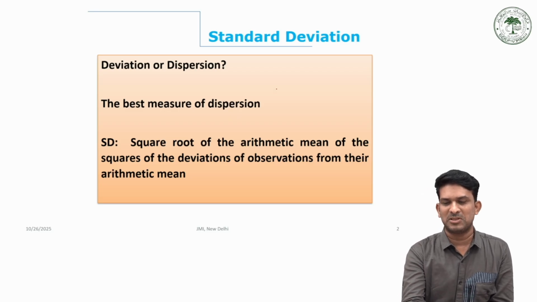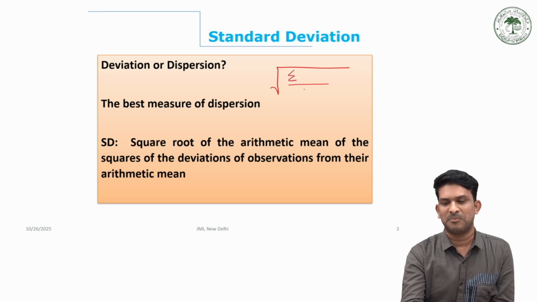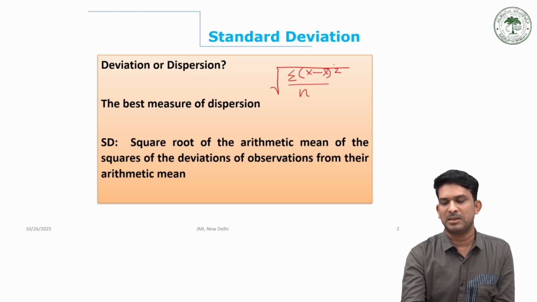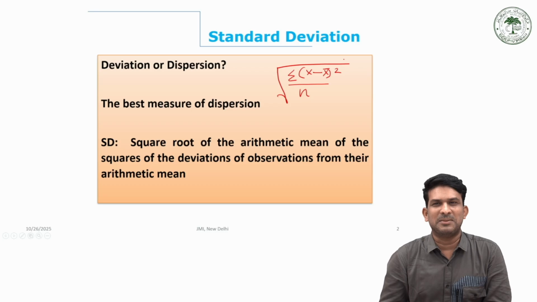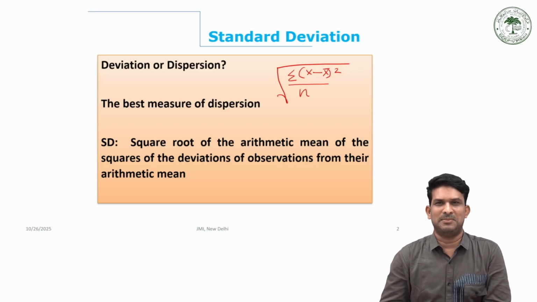Standard deviation is the square root of the arithmetic mean, which is sigma something by n, arithmetic mean of squares of deviations of observations from their arithmetic mean. This is the equation. Let me make it more clear. Square root of arithmetic mean of squares of deviations of observations from their arithmetic mean.